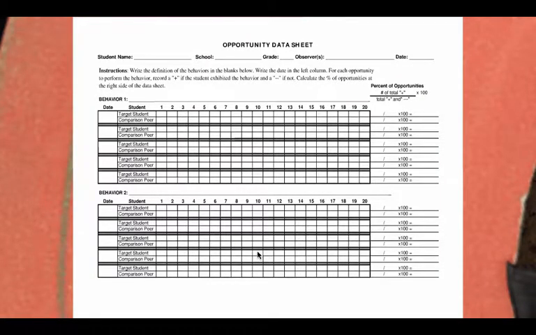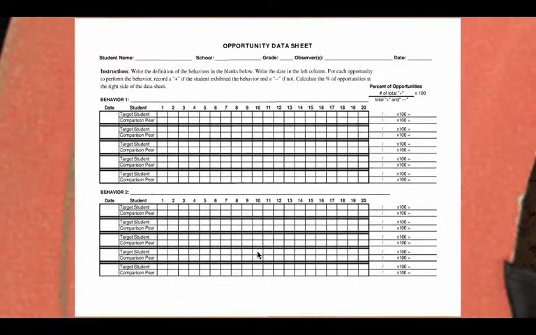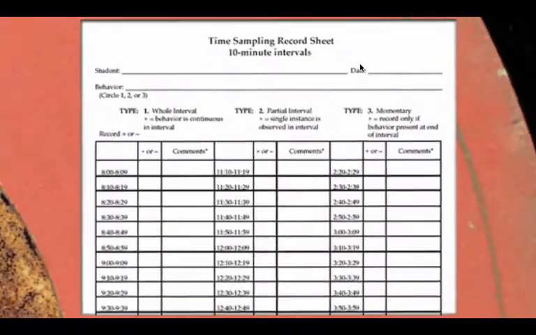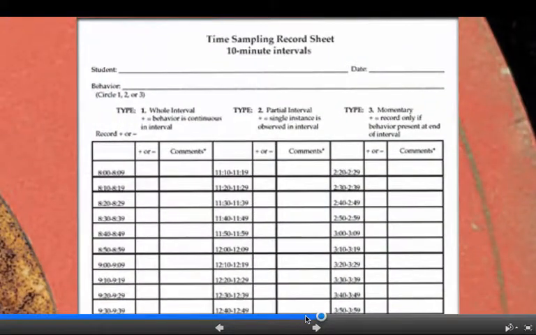However, having said that, I really encourage you to speak to your board certified behavior analyst supervisor to get a review and a preview of all the data collection methods that they're using and the data sheets that they'll be requiring you to use.